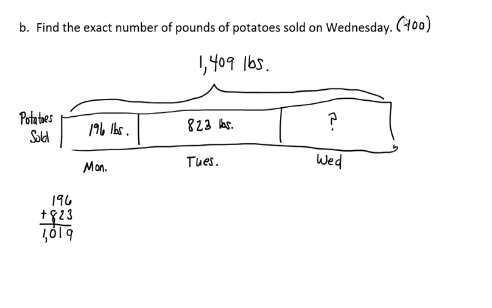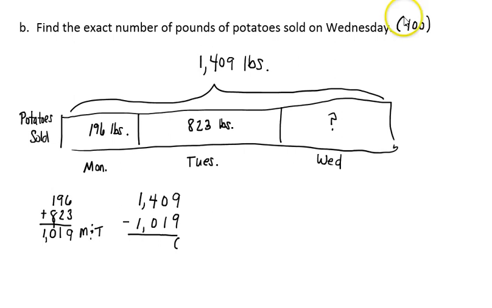So on Monday and Tuesday, they sold 1,019 pounds of potatoes. So let's take that amount and subtract it from the total. I have a total of 1,409. I'm going to subtract 1,019.